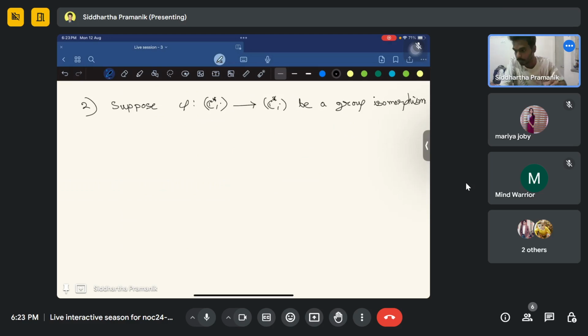Then the problem is you need to determine the image of the element -1. So can you do this using the previous properties? Just think for a few seconds.